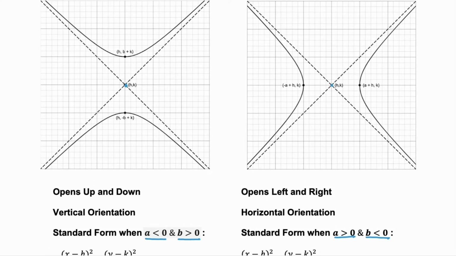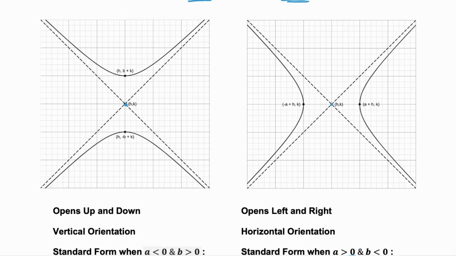So the vertices are equal distance from the center. And if you look at our vertical orientation, our vertices here are on this same vertical line. They're on the line x equals h, which is why the x coordinate for both vertices is exactly the same as the x coordinate for the center.